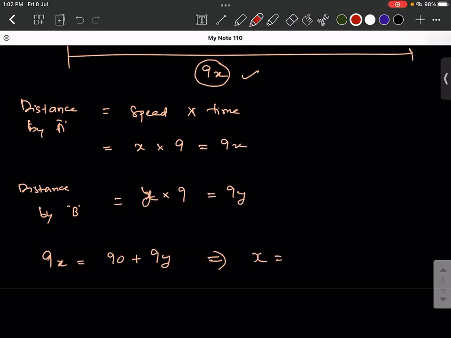I take out 9 outside here, and here also I take out 9 outside. It will be 10 plus y, no.